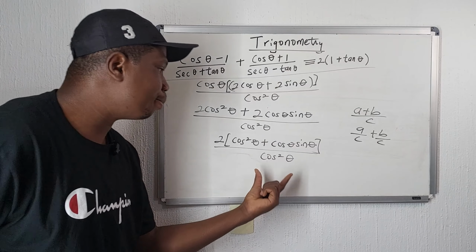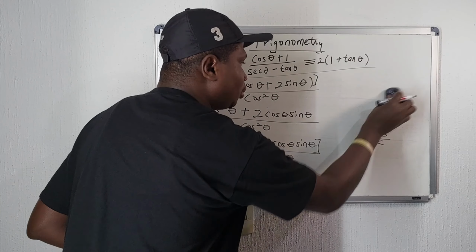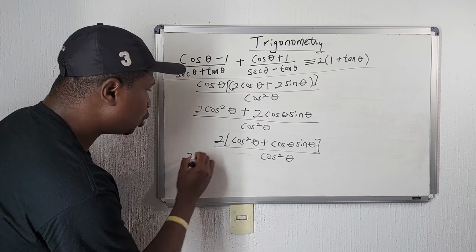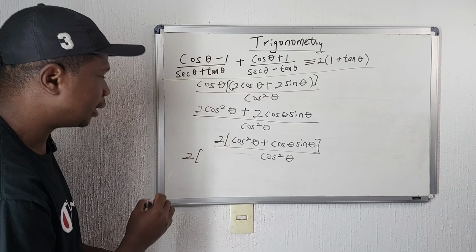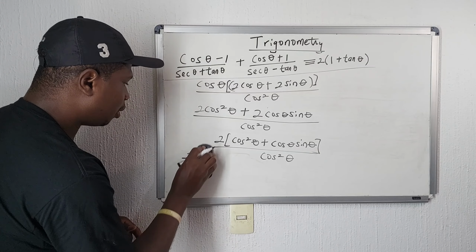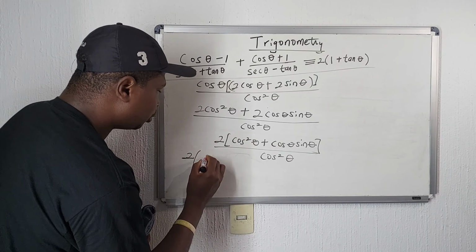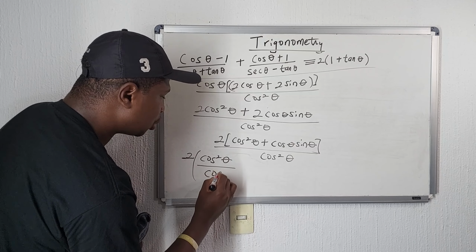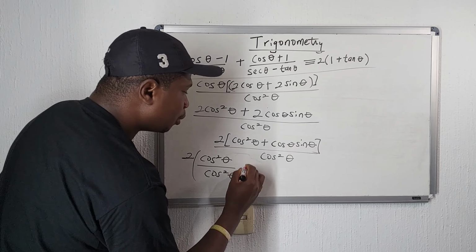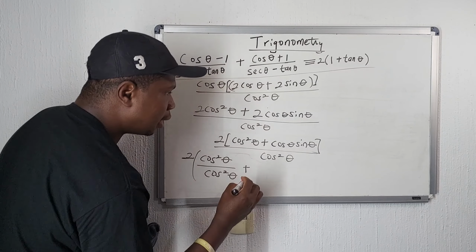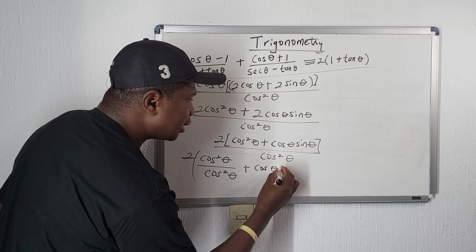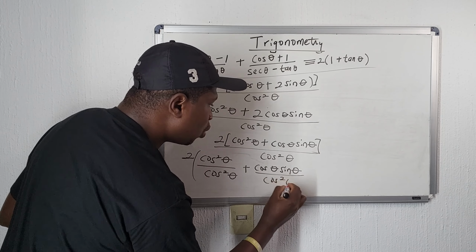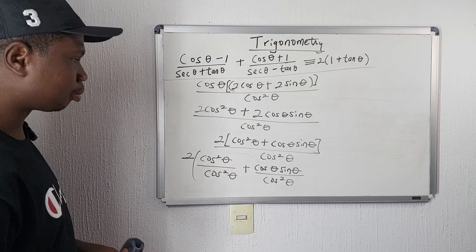So we can apply that same principle here. Now, applying it here, we have our 2 outside, open bracket. We can say cos square theta over cos square theta plus cos theta sine theta over cos square theta.